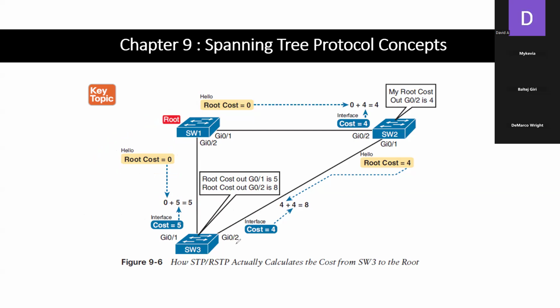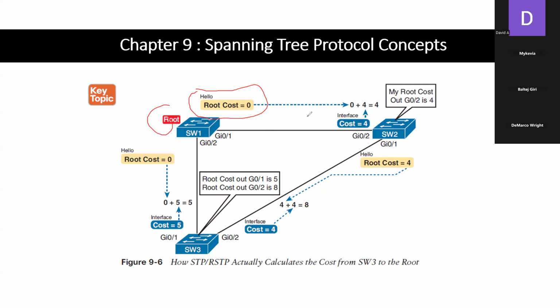Going to the right, if we're looking at gigabit 0/2, we have something a little bit different. If we go up to switch one, it does the same thing it did for switch three. It's sending out BPDUs with a root cost of 0. The interface cost for gigabit 0/2 on switch 2 is 4.